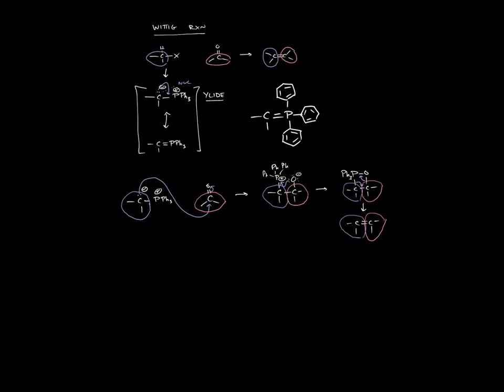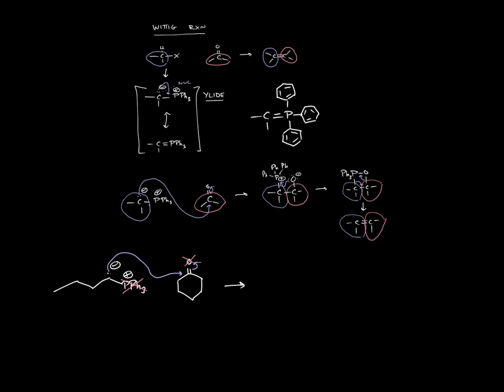Let's go into a specific example. If I started off with this 4-carbon ylide right here, PPh3 with a plus charge, a C minus right there, and reacted it with cyclohexanone, the C minus right here would end up attaching to the carbon in the carbonyl, and if you look at what's happening overall, I would lose my double bond O, and I would lose my PPh3, and I would end up making a new double bond between the carbon that was the nucleophile and the carbon that was the electrophile.